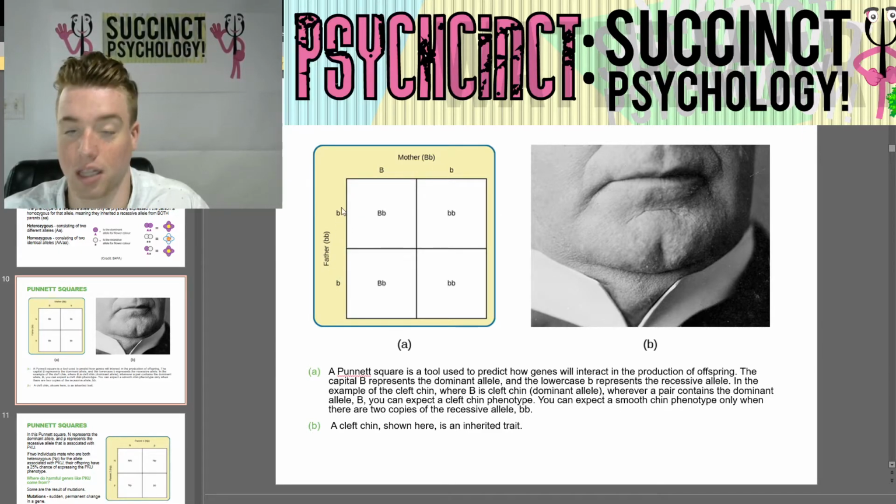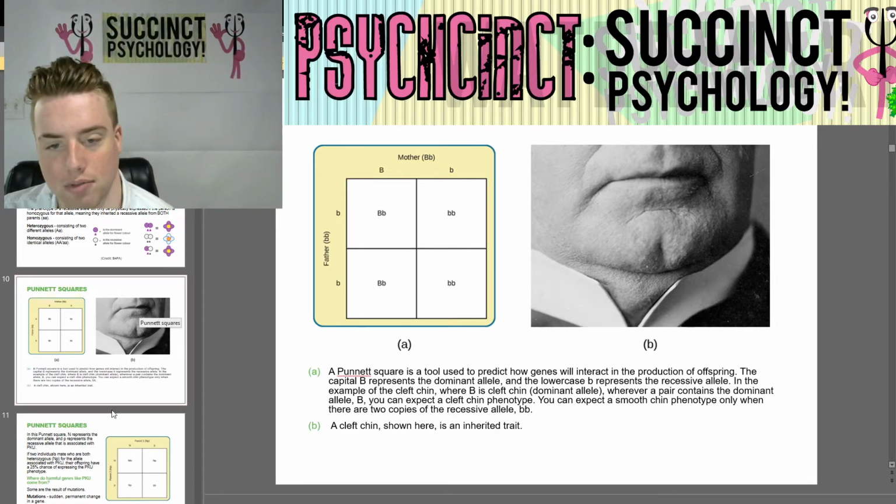So you have your lowercase b, uppercase B, lowercase b, and then all you do is drop this capital B down and bring over the father's recessive. In this circumstance, that would result in the dominant allele making itself present. That's all you really have to do. I won't get too much into it, but again, just drop, bring over. It's going to have the dominant allele, and then drop, bring over, recessive, recessive.